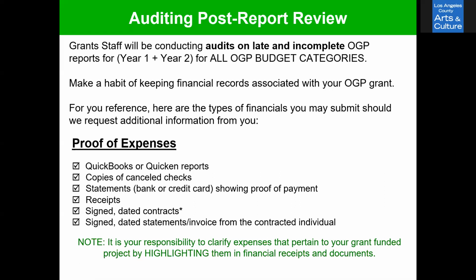So things like receipts or reports from QuickBooks or any accounting software that you're using that show that you've expended the amount that you're saying you've expended in the budgets on the report. Invoices are fine. So if you have an invoice from a contractor that's been submitted, you can submit that. Receipts, statements. Just make sure you highlight things so that we can find it easily, do the math, and make sure that the math calculates out.